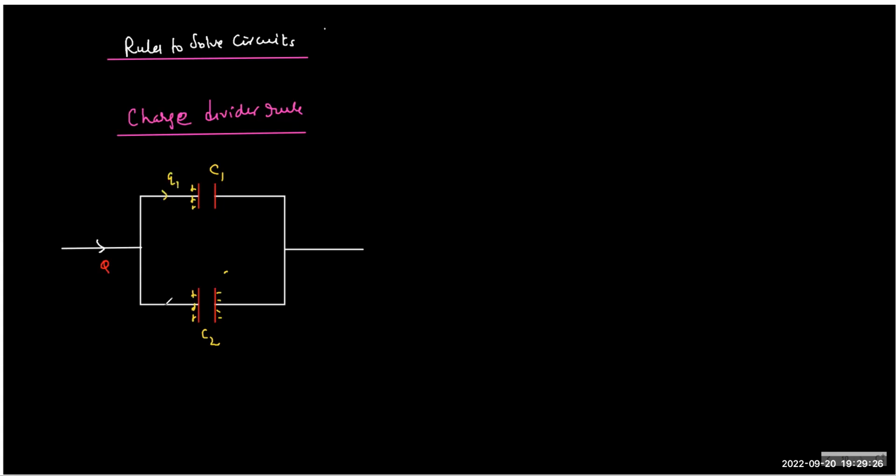So Q1 by C1 equals Q2 by C2, because of the parallel concept. This implies Q1 by Q2 is C1 by C2. We also know the sum is Q, so Q1 equals C1 by (C1 plus C2) into Q, and Q2 equals C2 by (C1 plus C2) into Q. We have done this before.